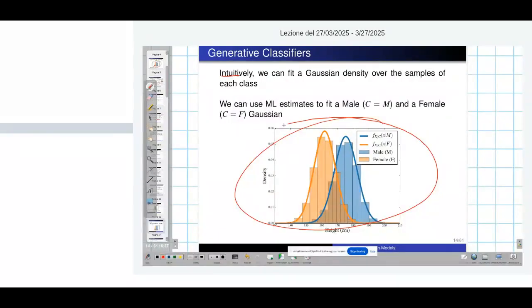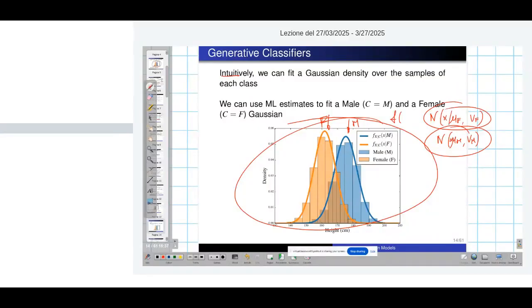So, intuition, we can take the female samples and fit a Gaussian to the female samples. We can take the male samples and fit a Gaussian to the male samples. And then decide that this will give us a Gaussian distribution for the females and a Gaussian distribution for the males, and we will use these two densities as the class conditional density.